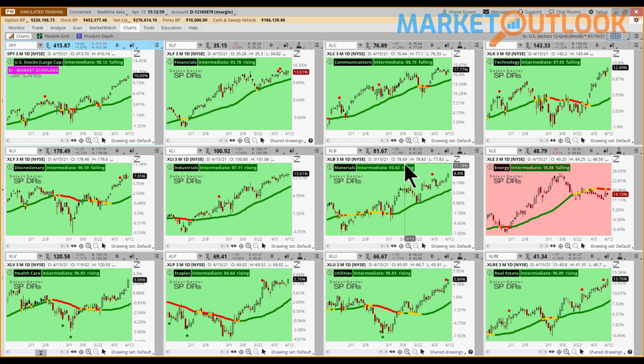Remember that materials, which was also up over 1% today, gets a boost when the dollar falls, and that is what we saw today as well. Remember, gold and the gold miners would be part of that materials sector right there. So materials is now at a new all-time high yet again. But it's hard to just pick one of these charts out, quite frankly, because they're all doing so well.